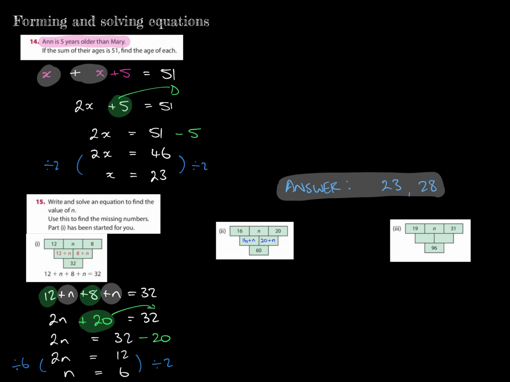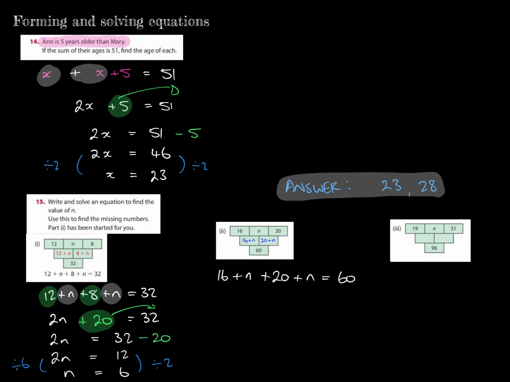How we'll form the equation is we'll add our first box plus our second box equals 60. So 16 plus n plus 20 plus n is equal to 60.